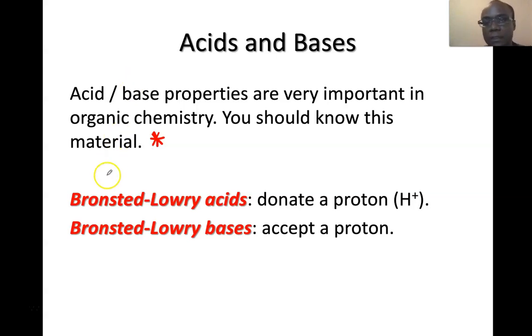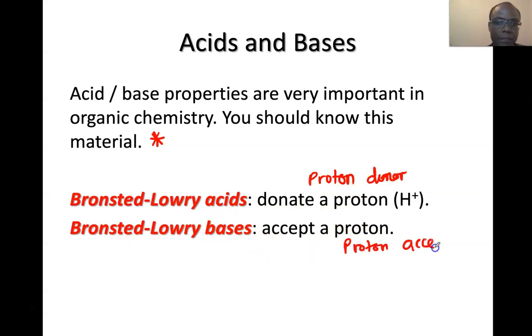The one we're going to start with is the Brønsted-Lowry acid. These are just proton donors. The definition of a Brønsted-Lowry acid is that it should be a proton donor. The definition of a Brønsted-Lowry base is that it should be a proton acceptor. As simple as that. And we're going to show examples right now.